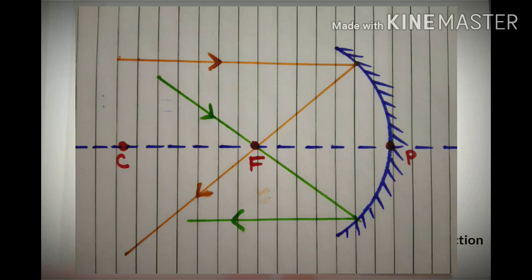Second rule: if the incident ray is passing through the focus, after reflection it will go parallel to the principal axis.